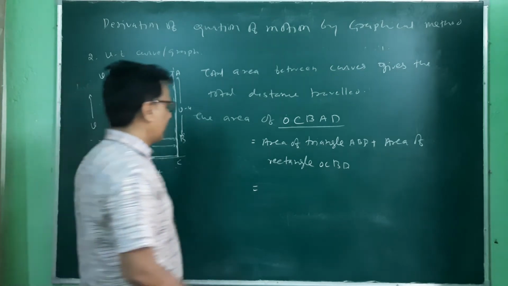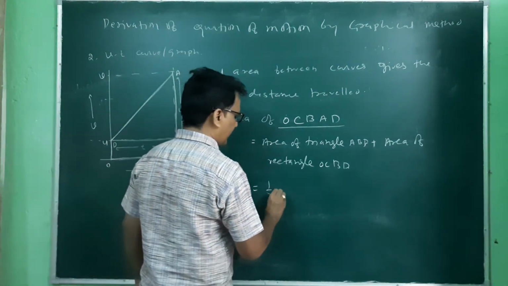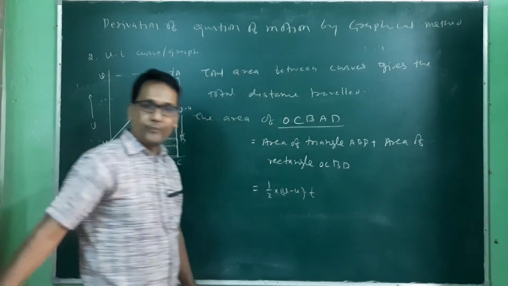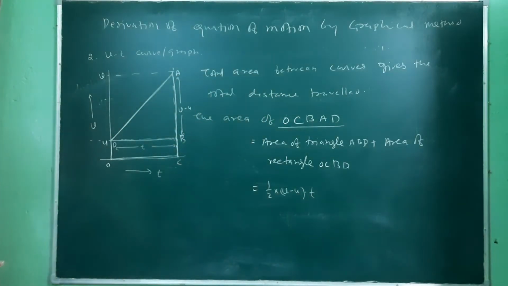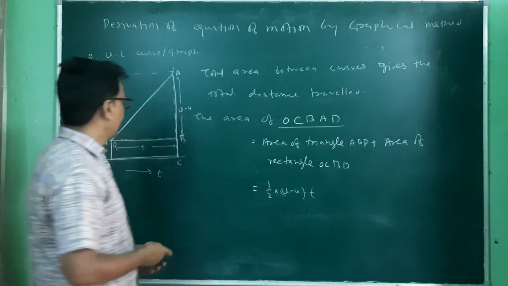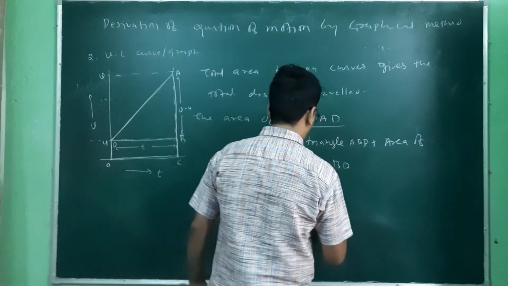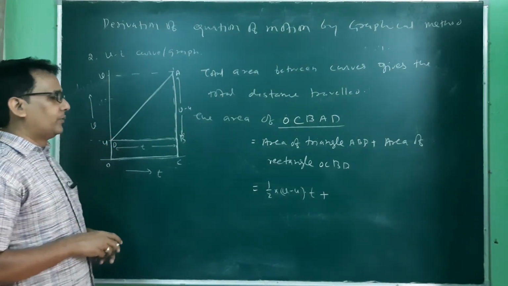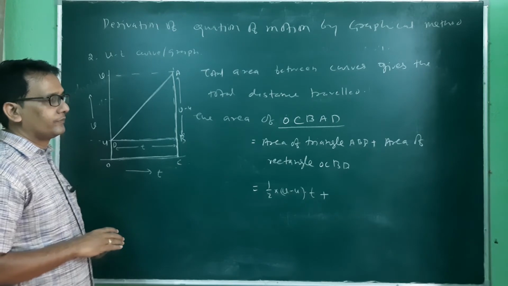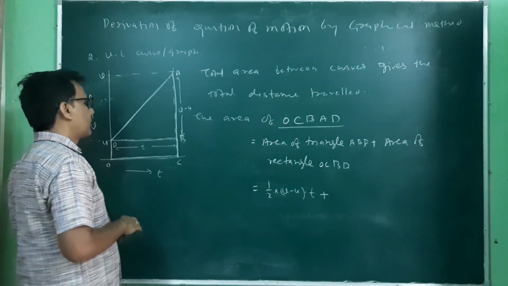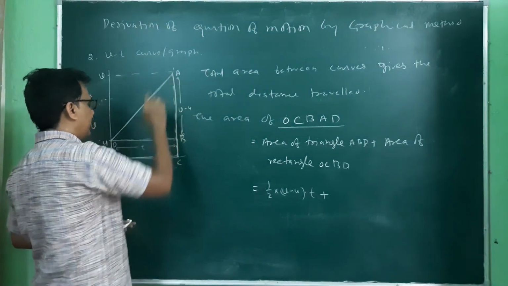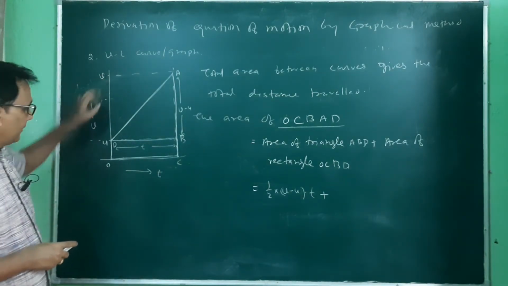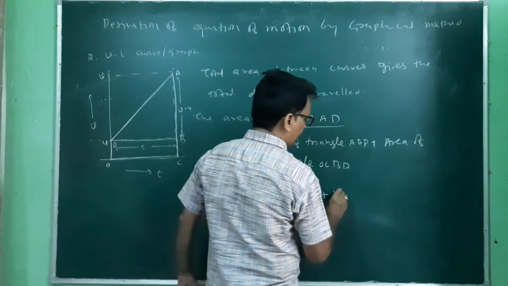So that is half multiplied by v minus u multiplied by t, plus the rectangle. Clear? It's just v multiplied by t.